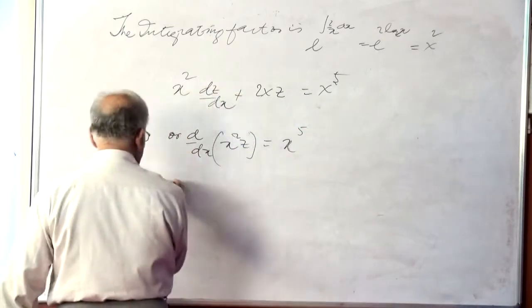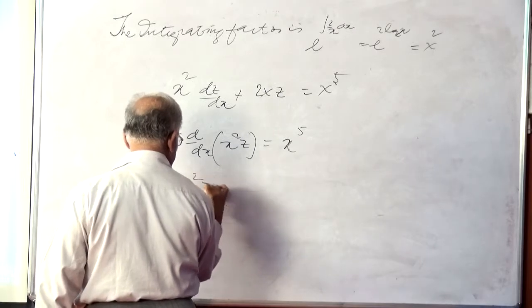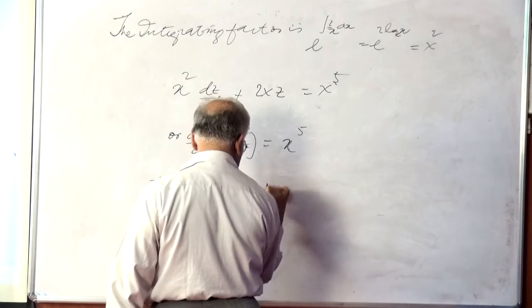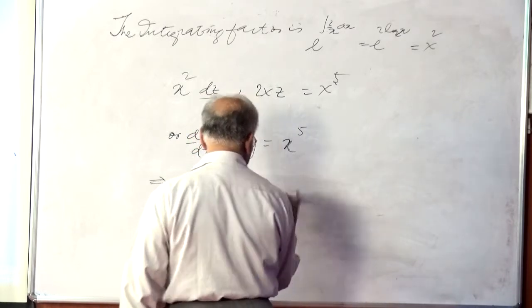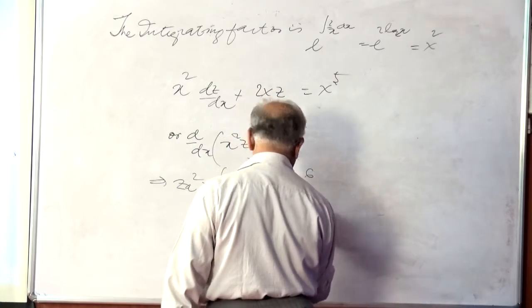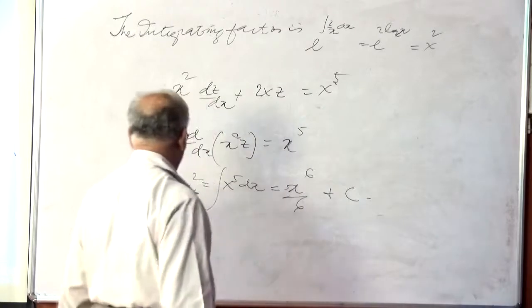And this implies, upon integration, that z x squared is the integral of x to the power of 5 with respect to x, and that is equal to x to the power of 6 by 6 plus constant.